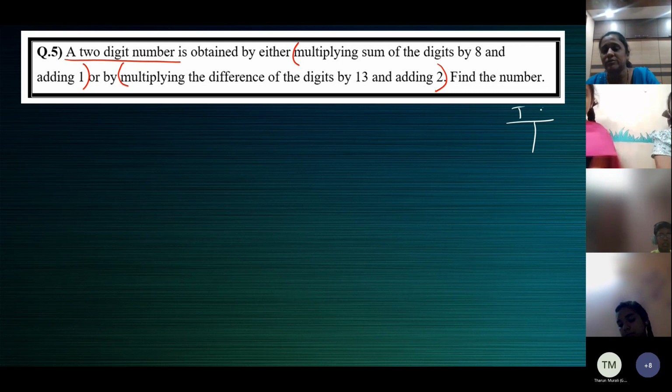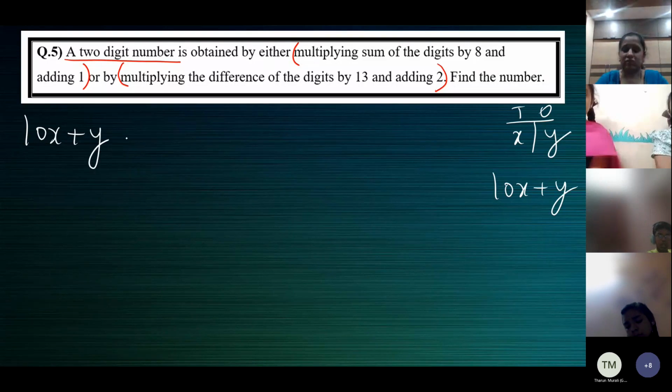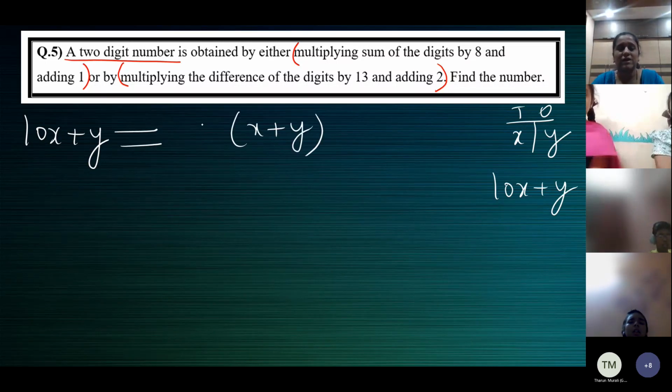So according to this assumption, let the tens digit be x and the units digit be y. So the number is 10x plus y. Multiply the sum of the digits, x plus y, by 8 and then add 1. So this is the first equation.